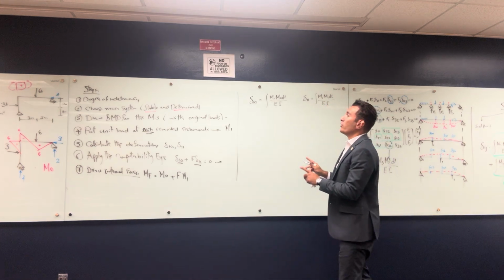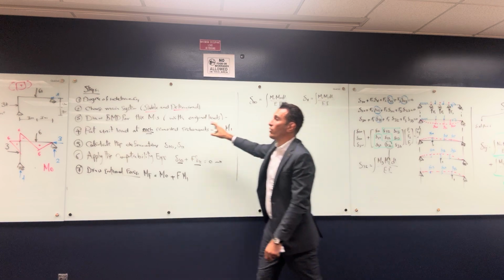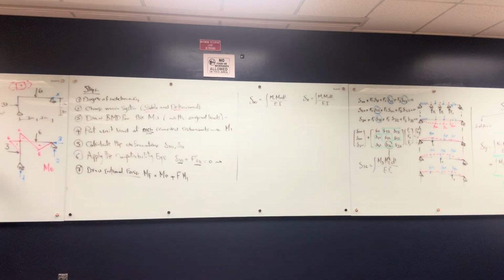The thing is, I don't have I, but I have a cross section, 20 centimeters by 40 centimeters. So you guys tell me, what is the I for this cross section? Let's say that this is B and this is D. It's going to be BD cubed over 12.